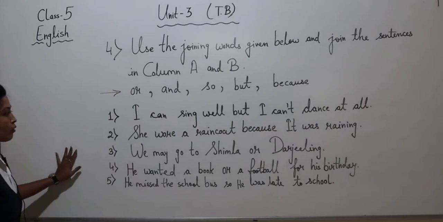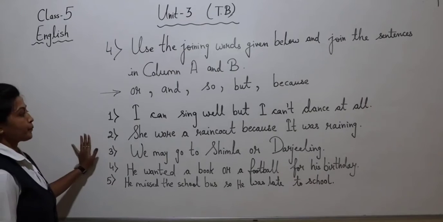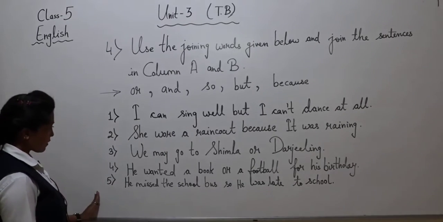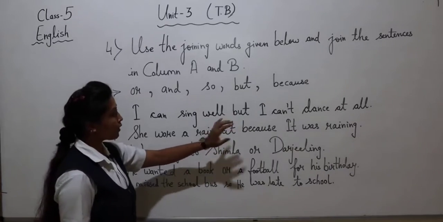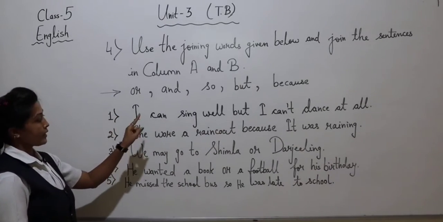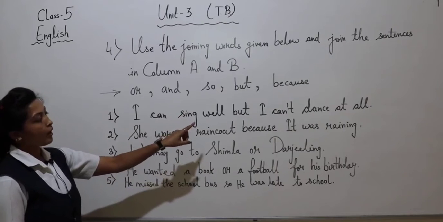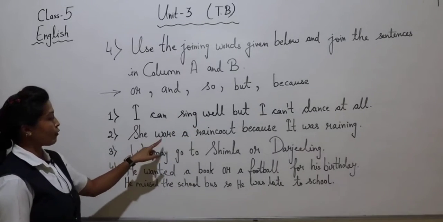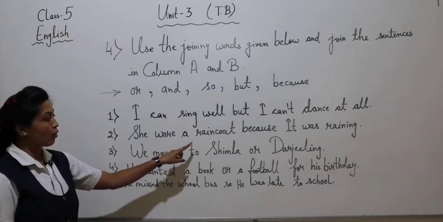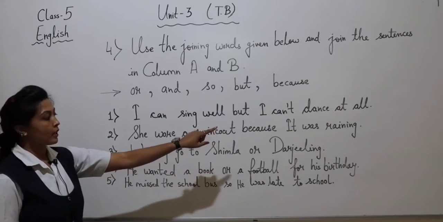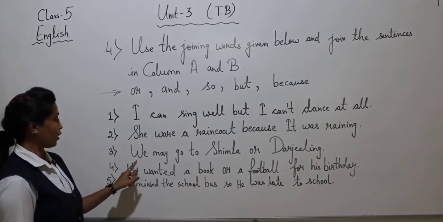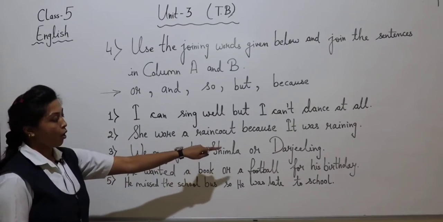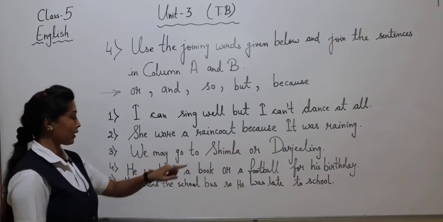So now see here that we have written sentences by using joining words. I can sing well, but I can't dance at all. She wore a raincoat because it was raining. We may go to Shimla or Darjeeling.